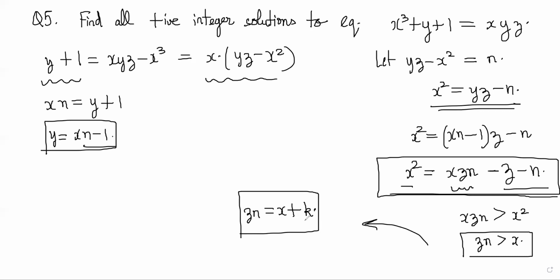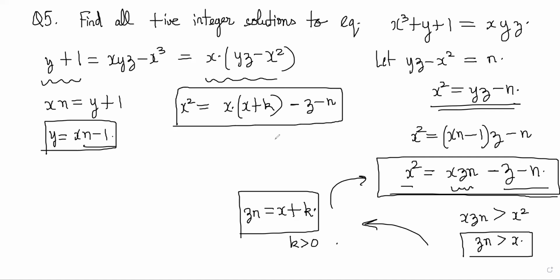Because zn is greater than x, k must be greater than 0, right? Now we take this zn value and put it back in this equation. So we will say x squared is equal to x times zn, which we write as x plus k, minus z minus n.